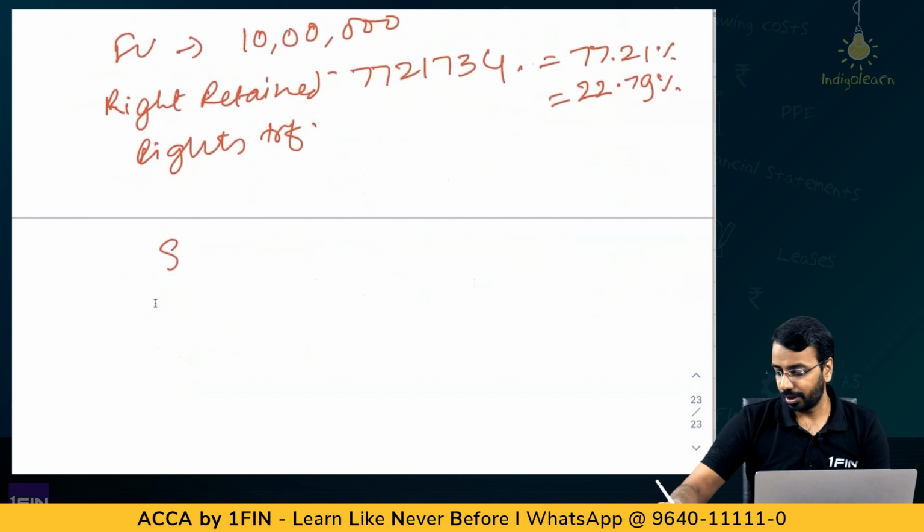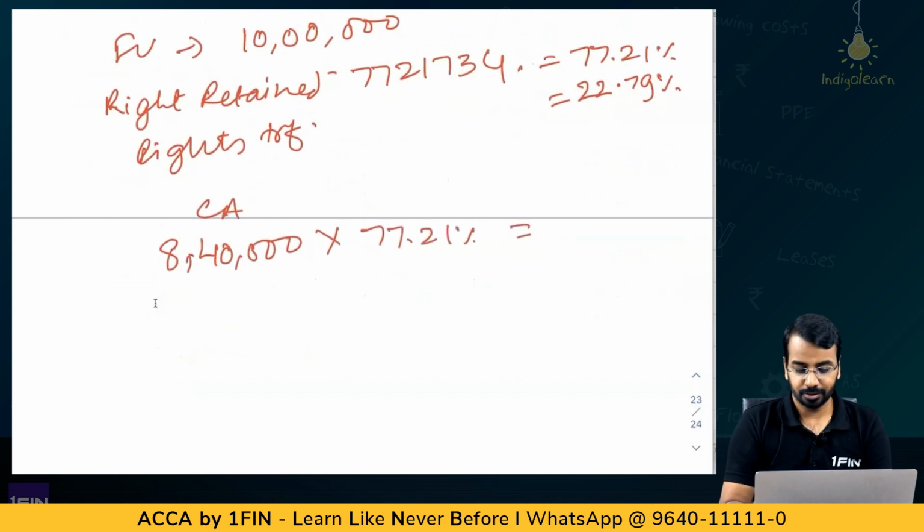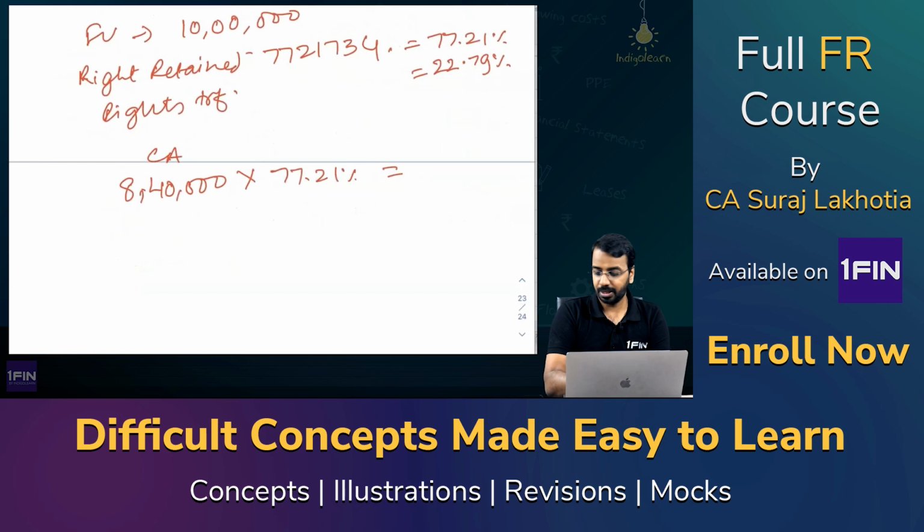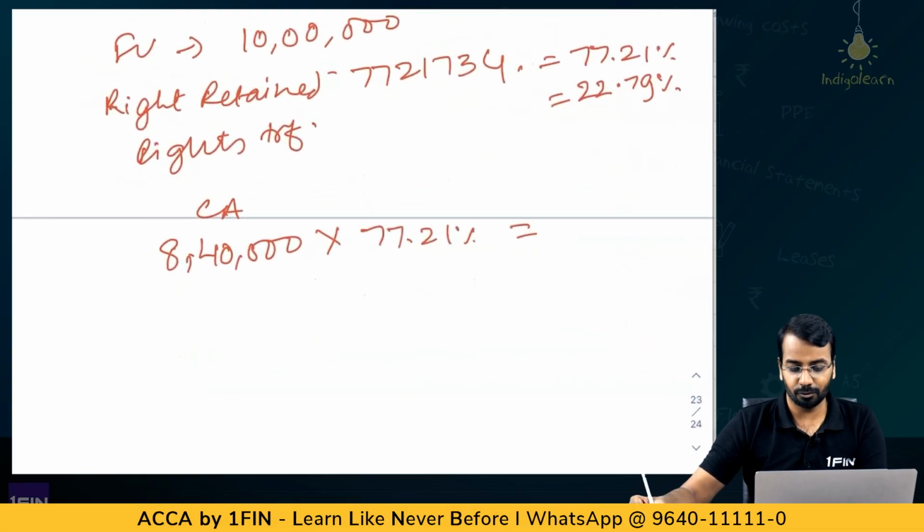Of the existing carrying amount, we multiply by 77.21%, which is 8,400,123 into 77.21%, that is 6,485,640.